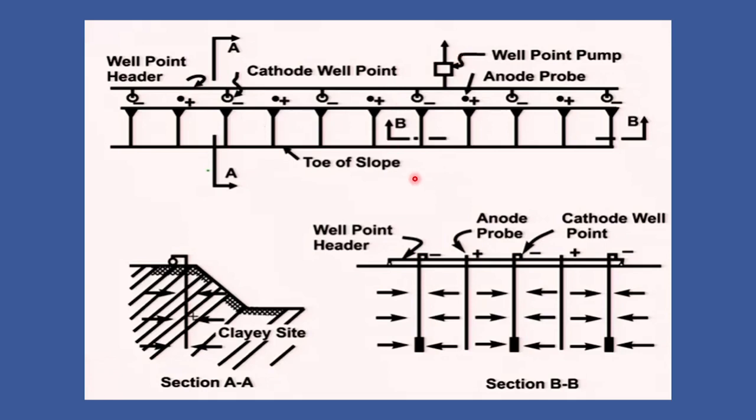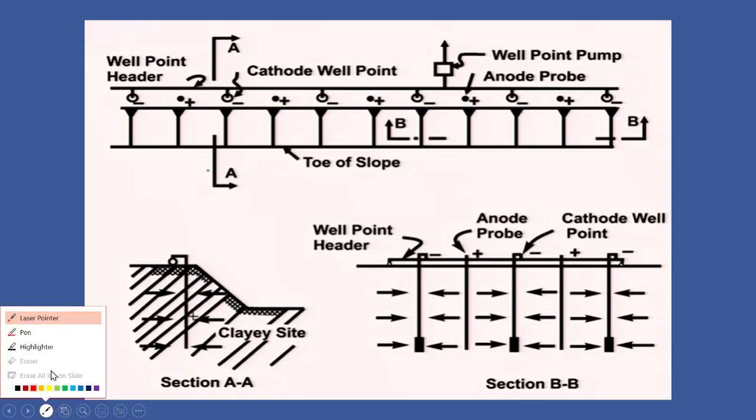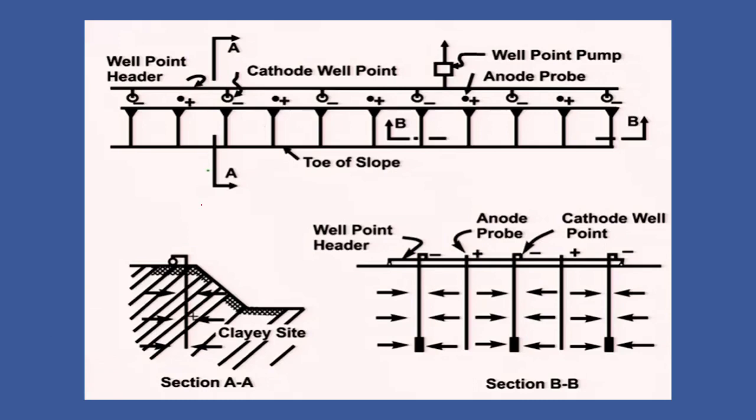If you want to see, this is a typical soil cross section. And in plan view, this is how the electrodes are distributed.